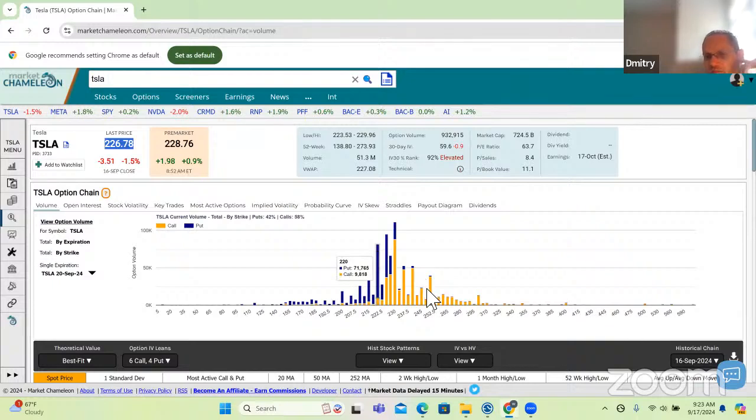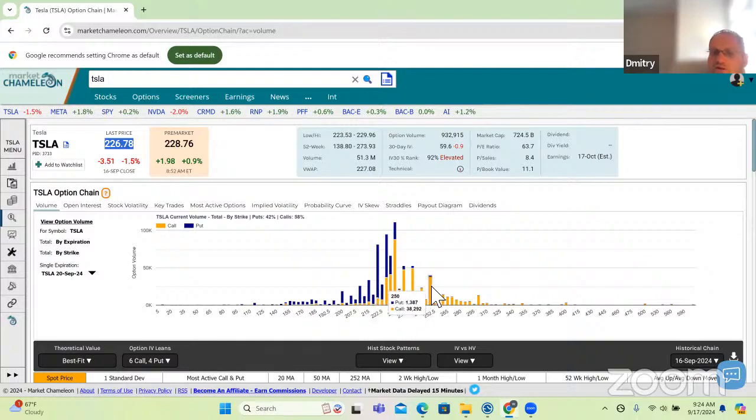And now a couple more bars that kind of stick out are from the 235, 250, so they skip 230, let's say, well, 235, 240. If we just look at those strikes, we see those two bars, there's some call activity there that might be interesting.